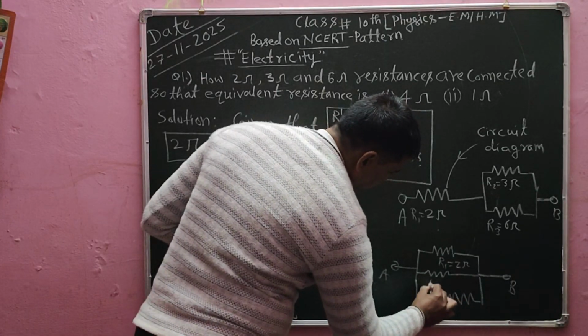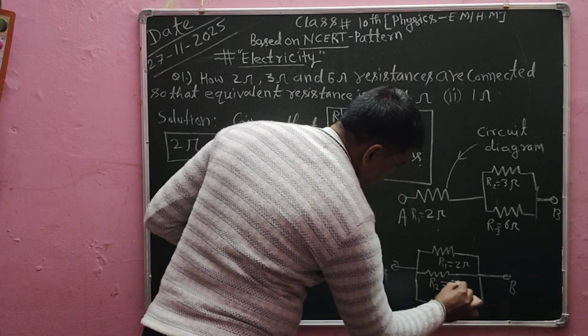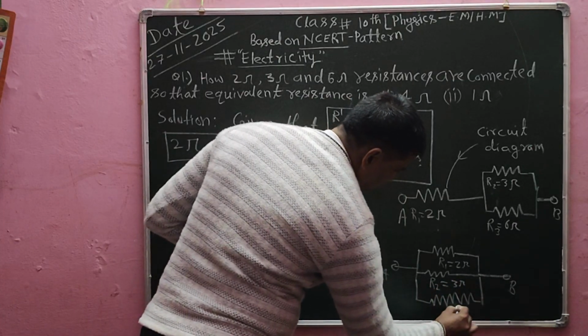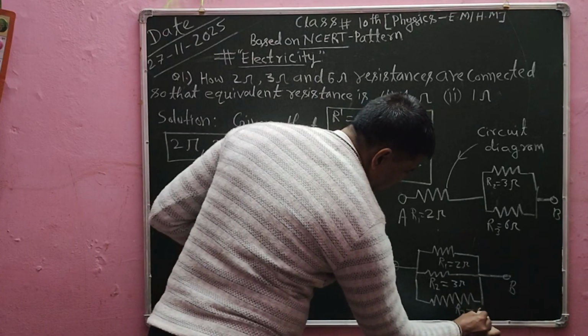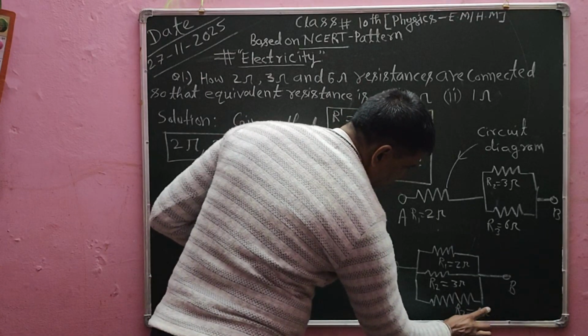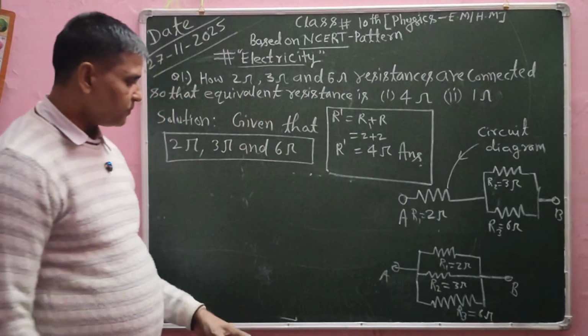This is R2. R2 has 3 ohm. Similarly, I will say R3 has 6 ohm. So R3 I have also written there 6 ohm.